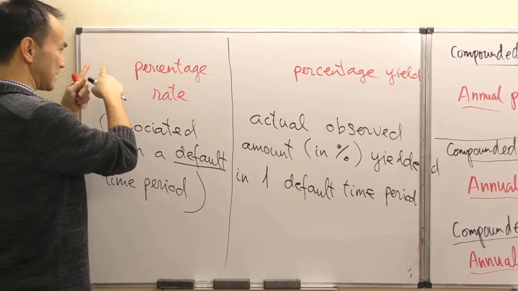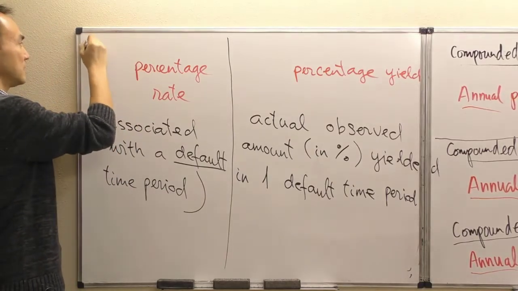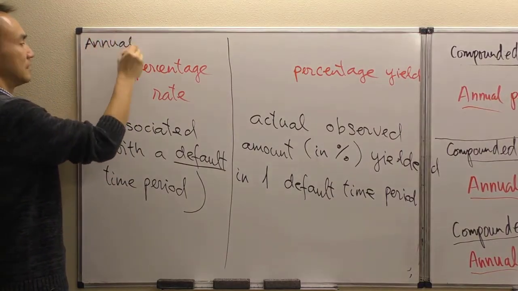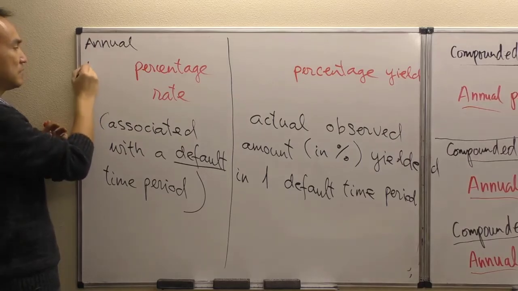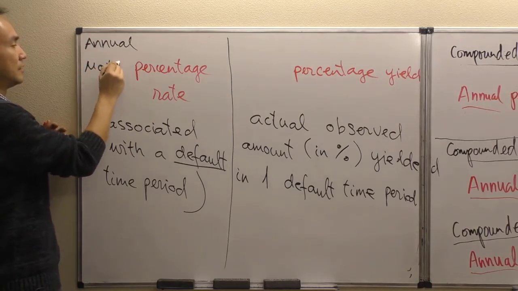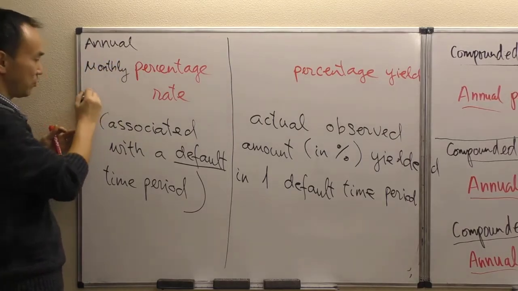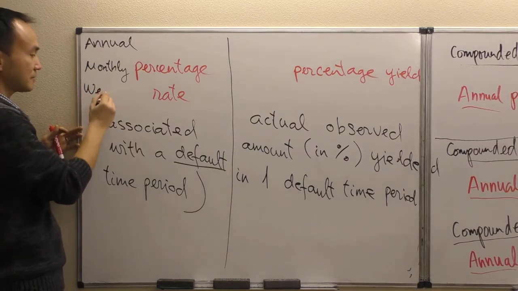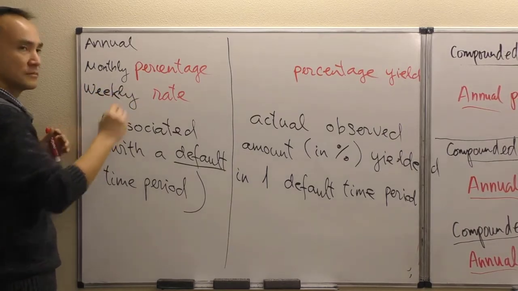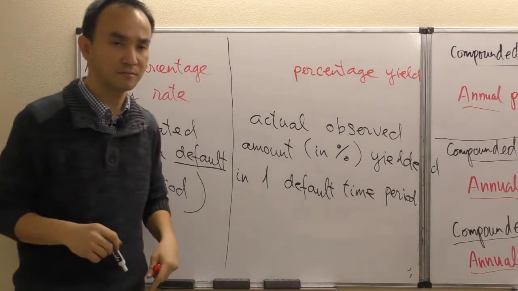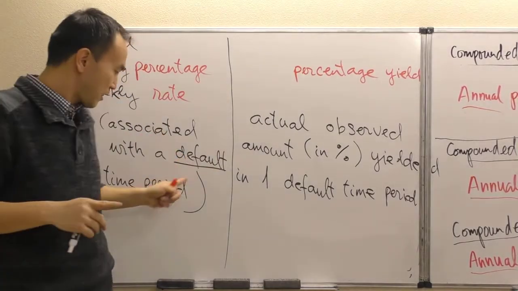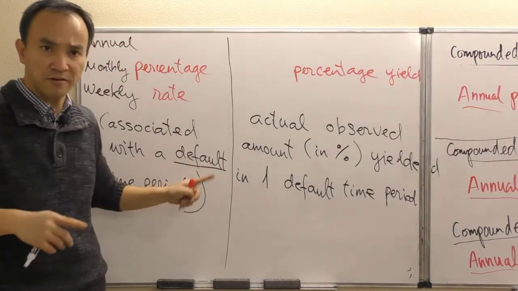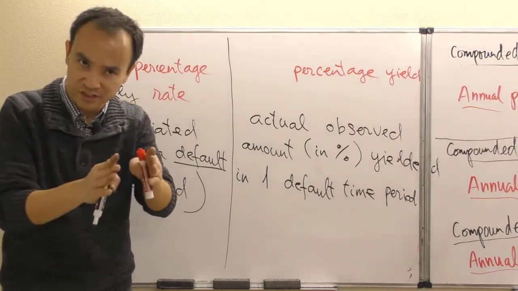It could be annual, it could be monthly, it could be weekly, and it could be quarterly. Talking about a default time period, it's our choice, it's the bank's choice.